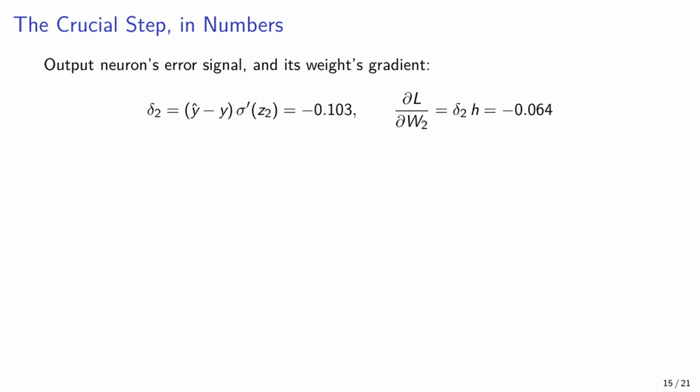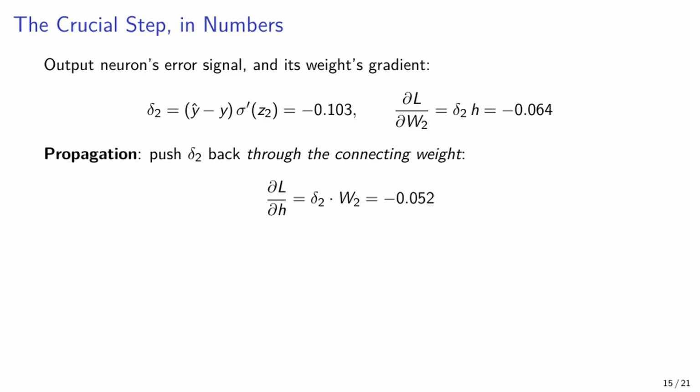The gradient for the output weight is that error signal times the hidden value, negative 0.064. Here is the crucial step, propagation. To learn how the loss depends on the hidden output, push the error signal back through the connecting weight. The partial of the loss with respect to the hidden value is delta 2 times the output weight, negative 0.052.